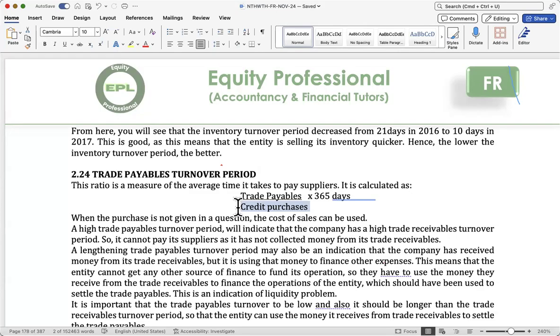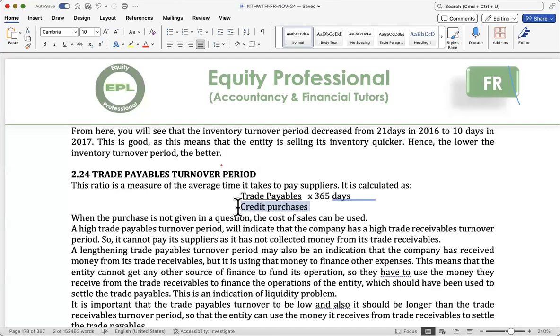So if company A has a trade payables turnover period of 50 days and company B has 30 days, you're saying company A is a more efficient company. Yes, I would want to use that for me to sell. Looking at it from a business perspective, I feel the longer the better.